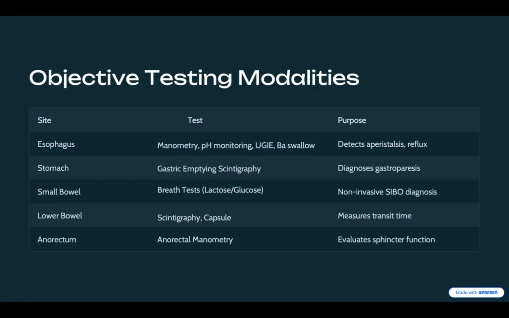For the lower bowel, you can get an endoscopy done, or even for the small bowel you can use capsule endoscopy, but the problem is they can get stuck in between, and if there is a significant motility abnormality, it may pose a difficulty in transit. For anorectal problems, you can have anorectal manometry to assess the pressure changes and to evaluate the sphincter function.